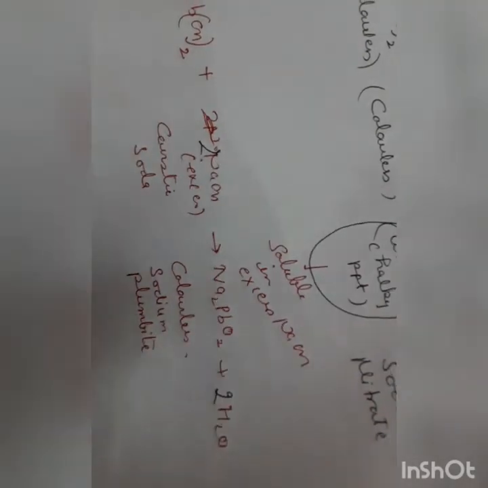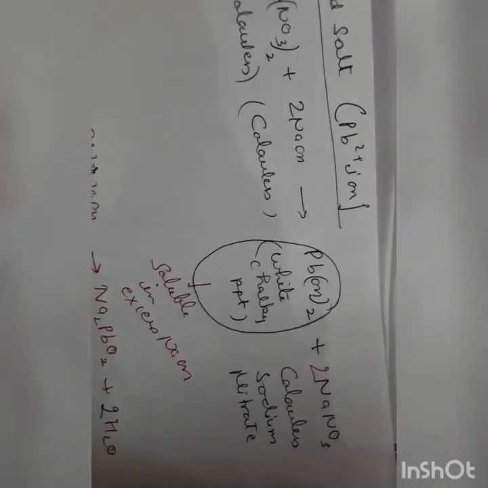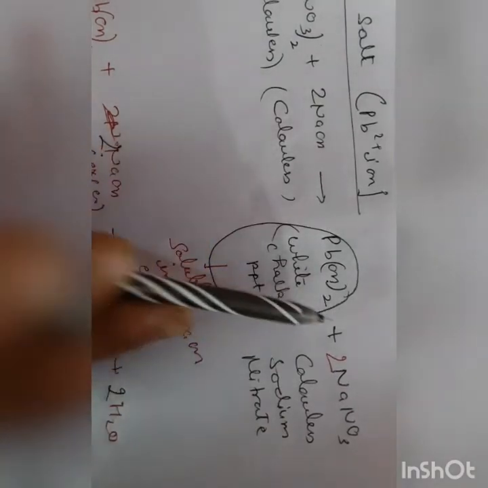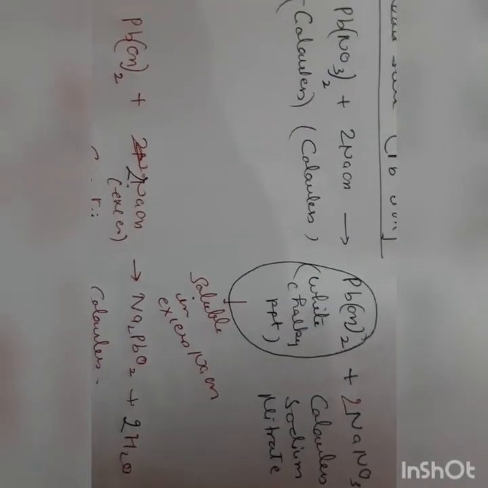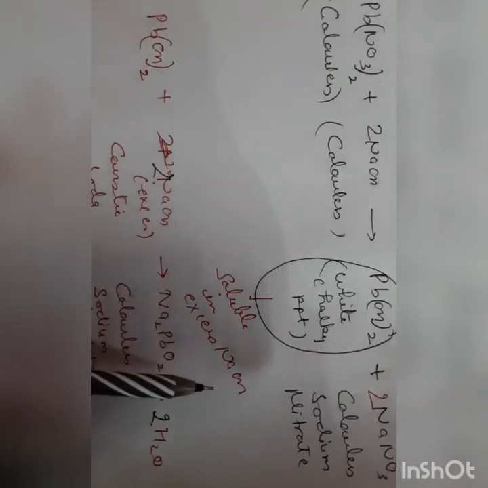Okay, so here you will see we have taken lead nitrate. It is reacted with sodium hydroxide. We will get white chalky ppt of lead hydroxide, which is soluble in excess of sodium hydroxide.